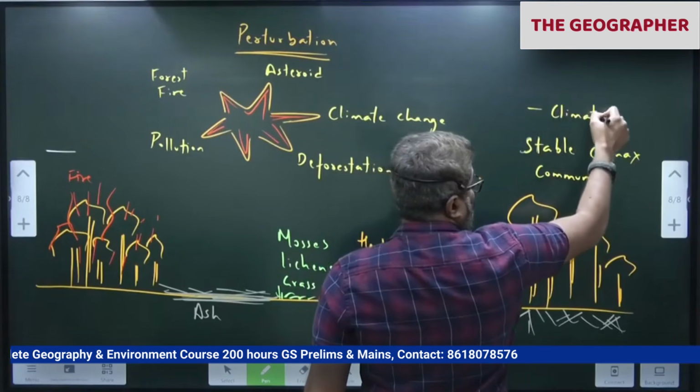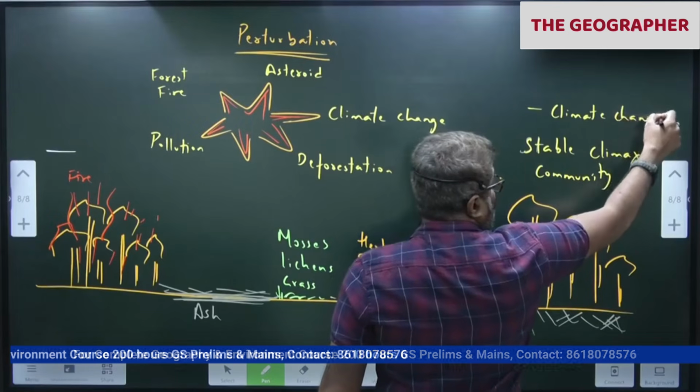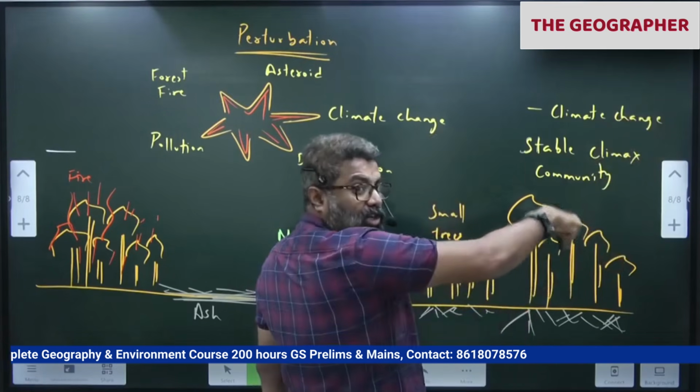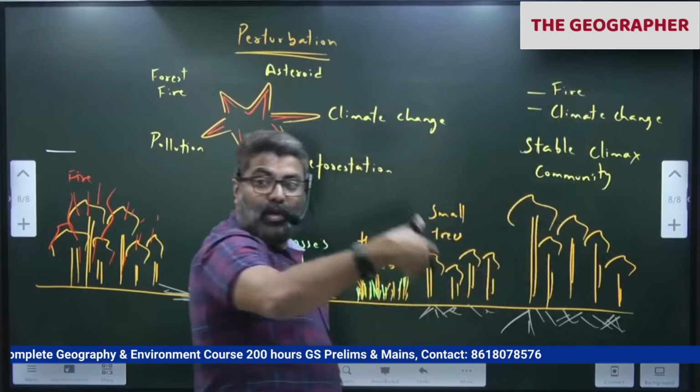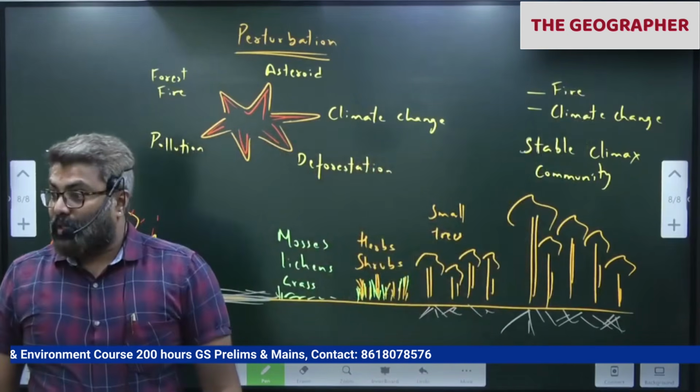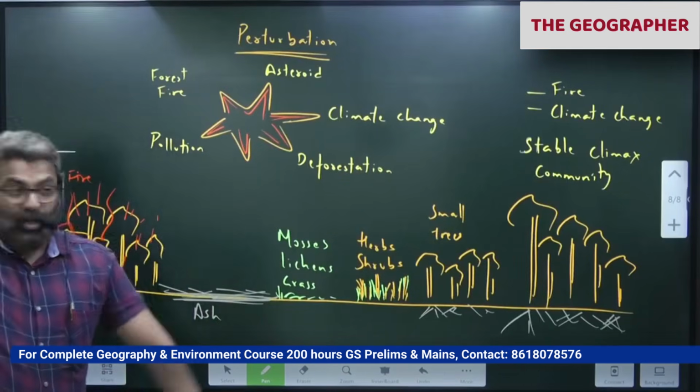It can withstand climate change and fire also. Again, if fire breaks out, they will be able to tolerate that too. So the forests that we have today have reached this stage.